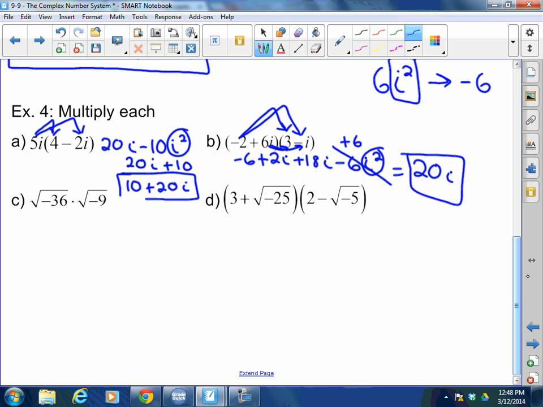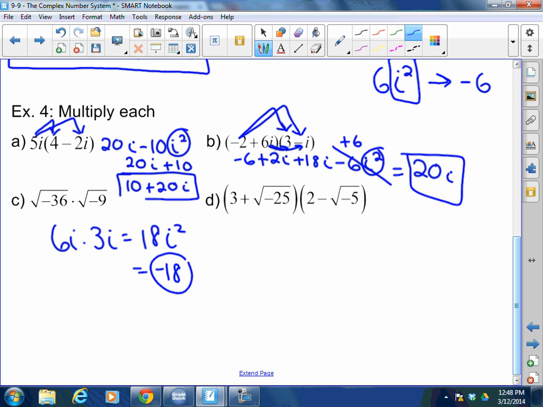You with me? Take out the i and then multiply. In this case, it's beautifully easy. This is just 6i times 3i, which is 18i squared, which is negative 18.